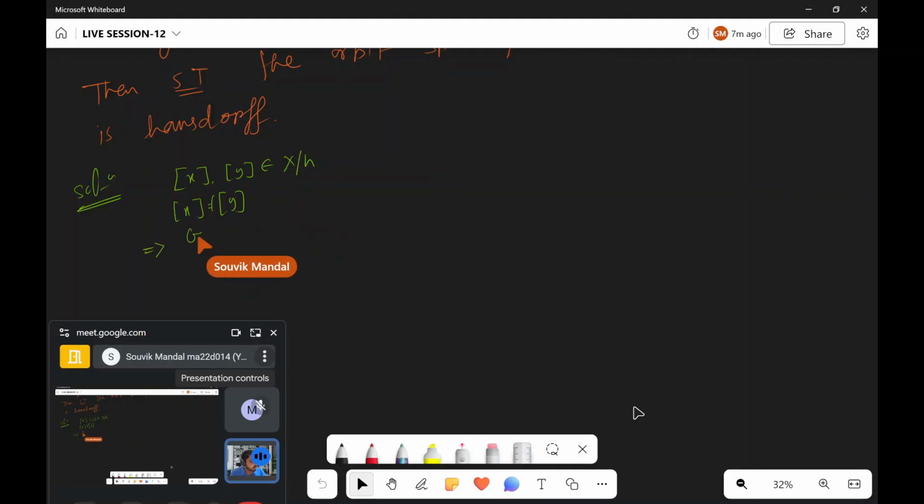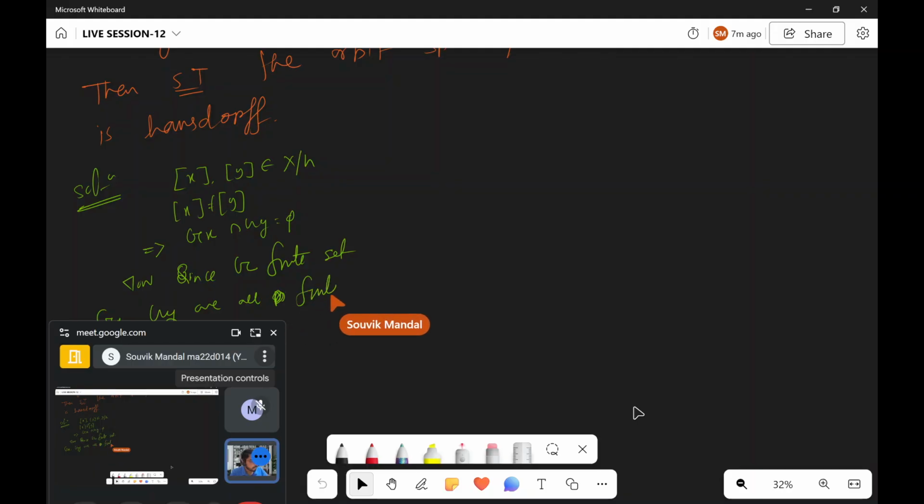This implies G of x intersection G of y is equal to empty, correct? Now, since G is a finite set, Gx and Gy are both finite sets. That is obvious.